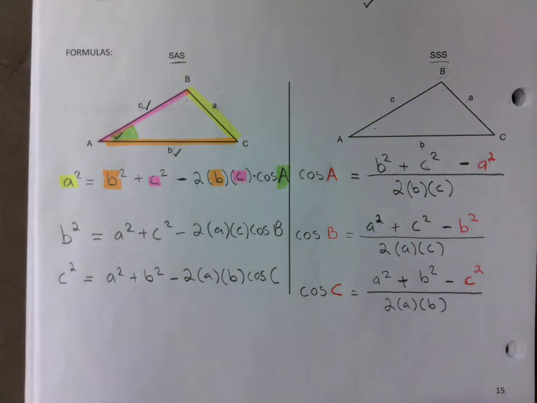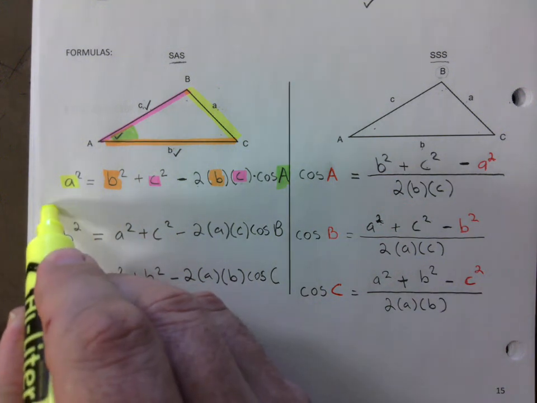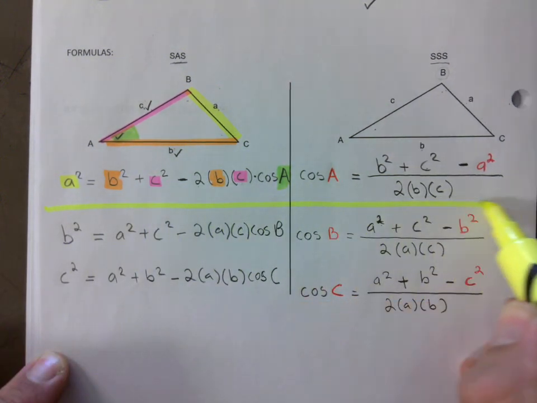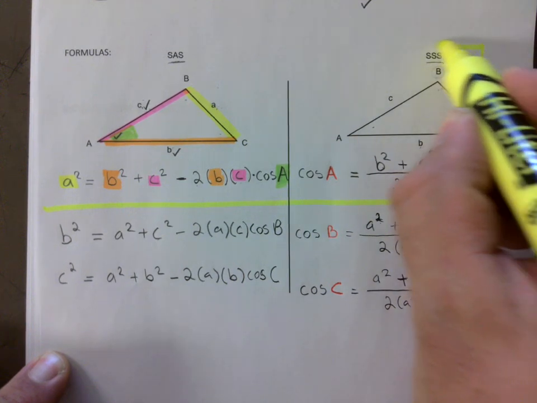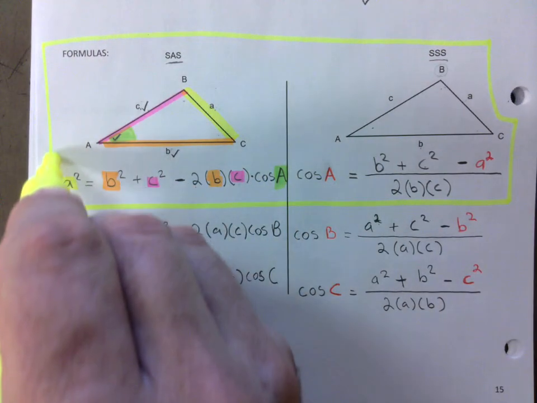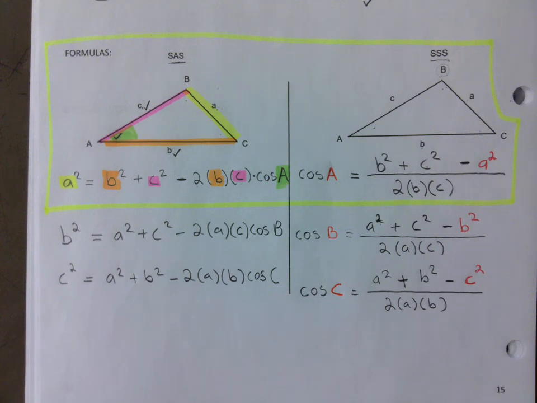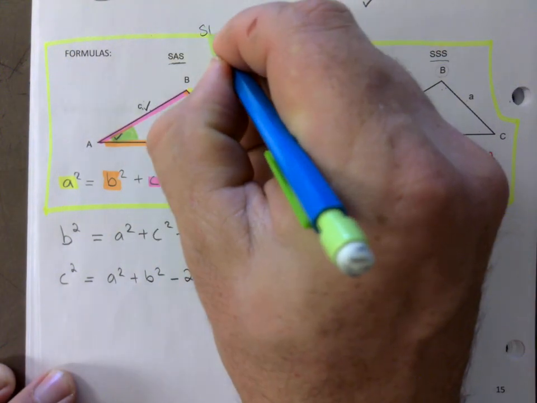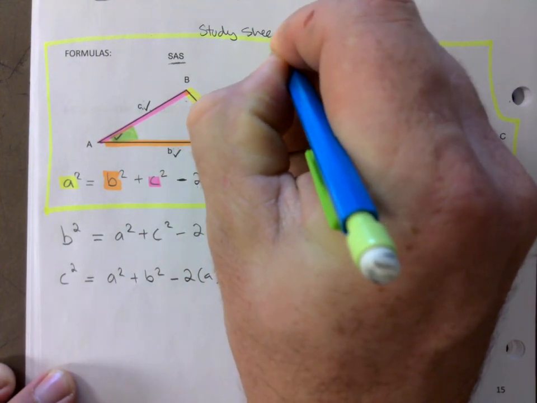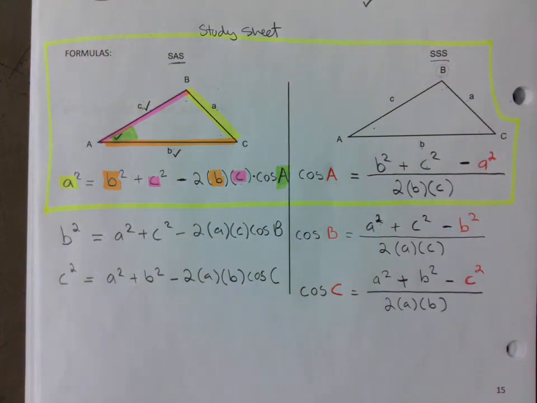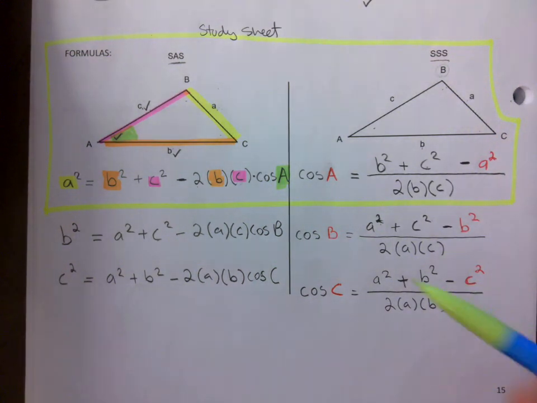So for your study sheet, I would say, if you have your study sheet on you right now, I would say cosine law, page 15, right? Just to tell yourself on your study sheet, I need to somehow get that page 15 on here. I'm going to give you a note for both of these cases.